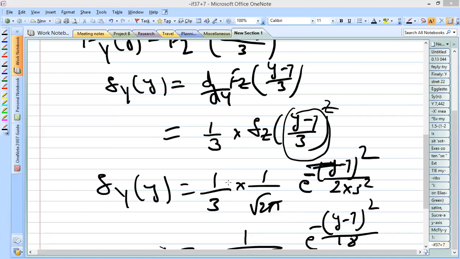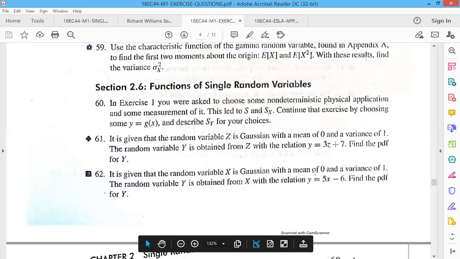In the second problem, it is given that a random variable x is Gaussian, once again with a mean of 0 and variance of 1. The random variable y is obtained from x with the relation y is equal to 5x minus 6.